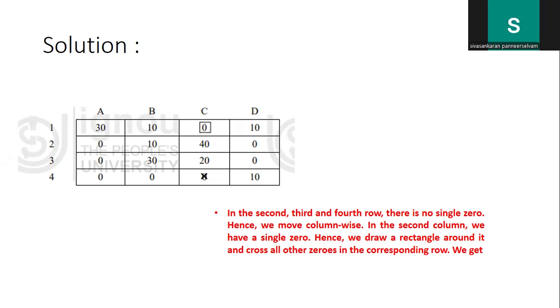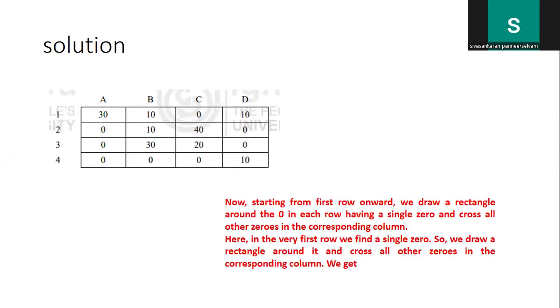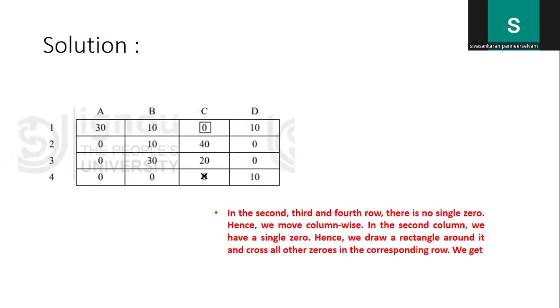Here you can see the statement. Starting from the first row onwards, we can draw a rectangle around the zero in each row having a single zero, and make a cross mark on all other zeros in the corresponding column. So take the first row. Here we have only one single zero.